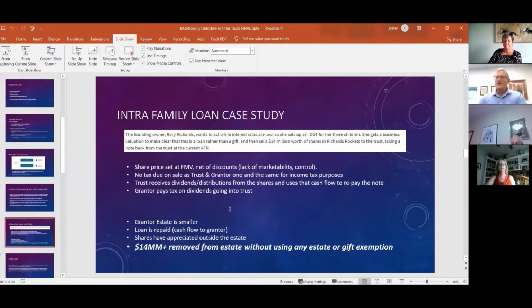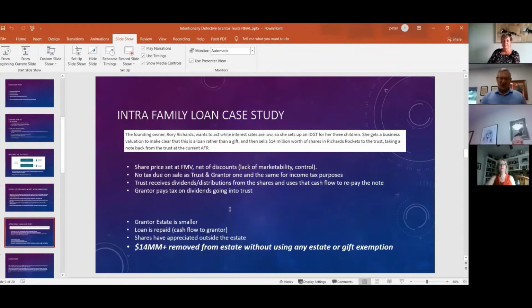We are going to repay that loan, so we're going to get cash flow back to her that she's going to be able to use for her retirement lifestyle. All of the appreciation on the stock from that point forward happens outside of her estate. So we have removed at least $14 million of assets from her estate without using any of her estate or gift exemptions.